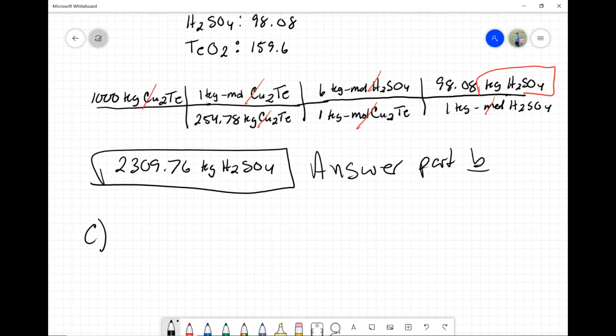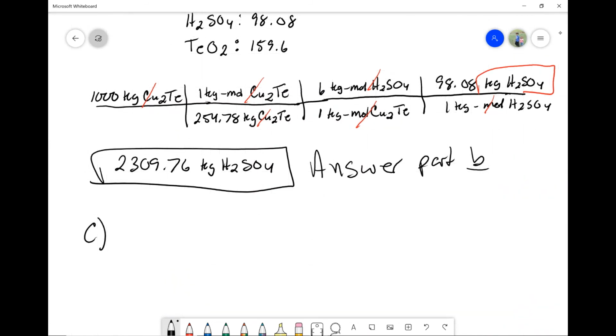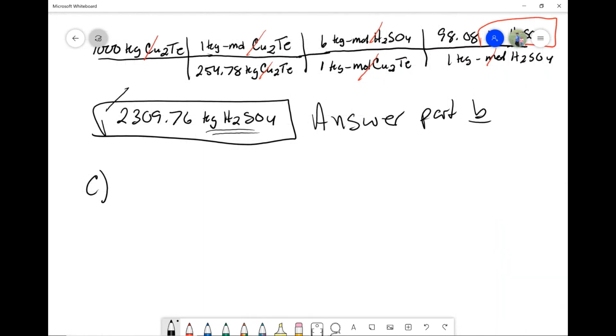As academic advice, you could use this as your basis, but we already know that 1,000 is given. And in case we made a mistake calculating our H2SO4, maybe it's smarter to use 1,000. I should have more faith in my calculation, so I could probably use H2SO4 as the basis as well. I'm going to go ahead and do it with 1,000 kilograms of copper telluride as the basis.